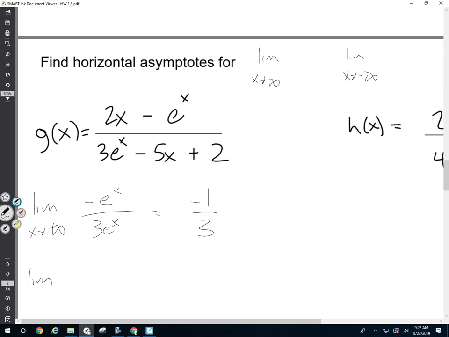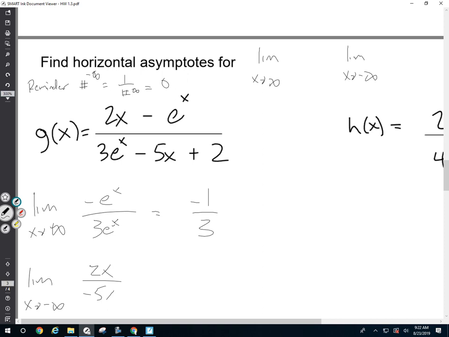Fantastic. But if I plugged in negative infinity, reminder, a number to the negative infinity is like 1 over the number to the positive infinity, which is approaching 0. If I go in the negative direction, 2x wins.